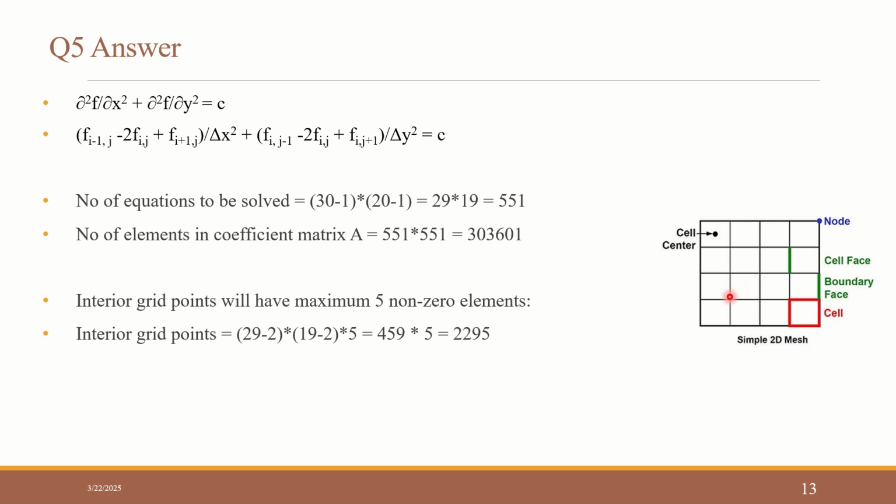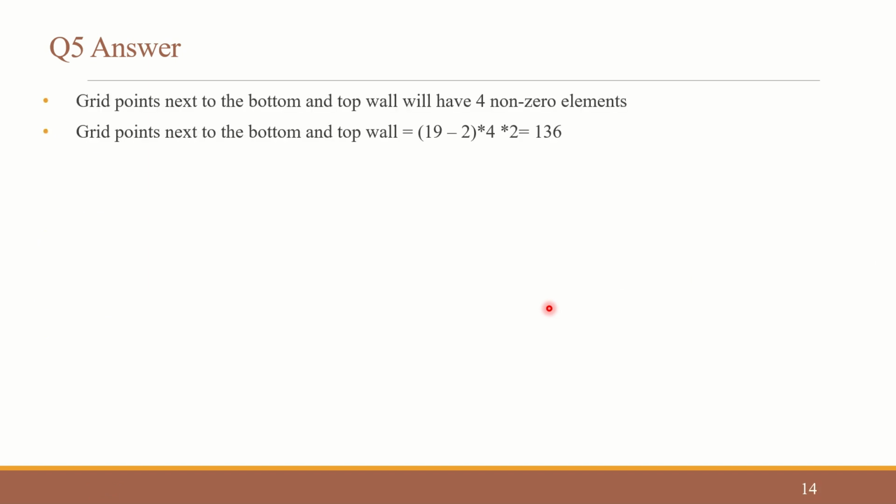If we exclude these points, I am talking about this point, this point, this point, this point, again it will be 29 minus 2. We are talking about the other length direction, so it is 19 minus 2. And we have two layers, bottom and top, so into 2, into 4. They will have 4 non-zero elements. So that is coming as 136.